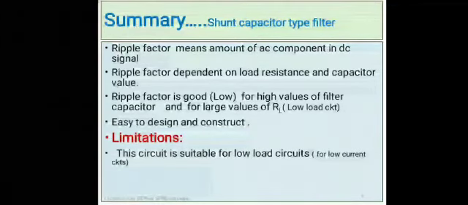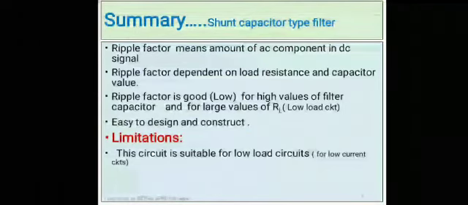This circuit is suitable for low load circuits. Load is always referred to the current in electronic circuits. So this circuit is suitable for low current circuits, because the value of resistance RL used here is very high, and if the resistance is high, the current passing through the circuit will be low.